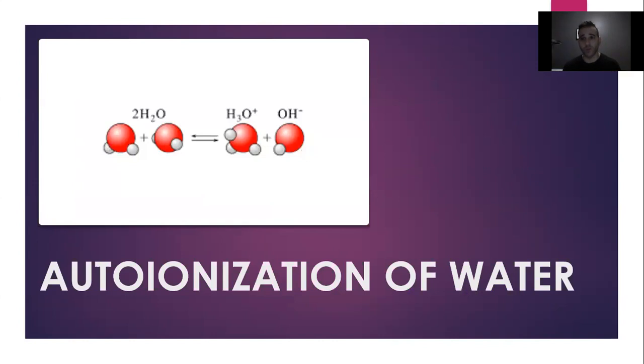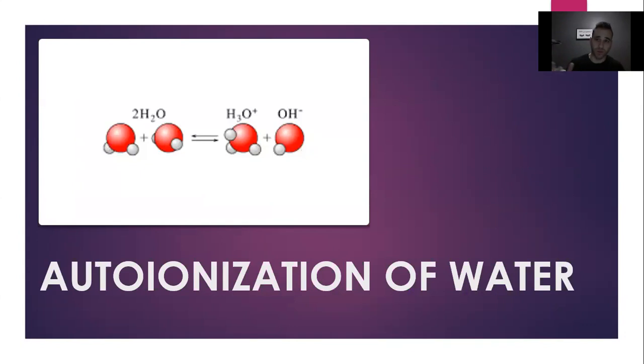But what happens is a water molecule will lose a hydrogen proton, and that hydrogen proton, remember, doesn't want to be alone, so it will go to another water molecule and create H3O plus, hydronium. And the water molecule that lost the hydrogen proton becomes a negatively charged hydroxide.